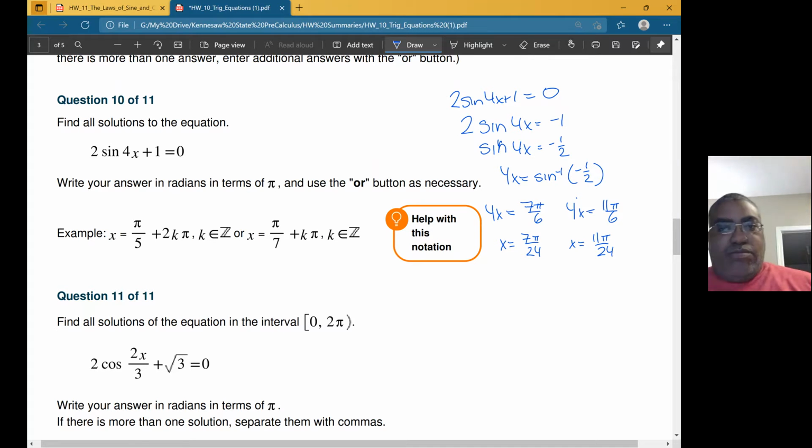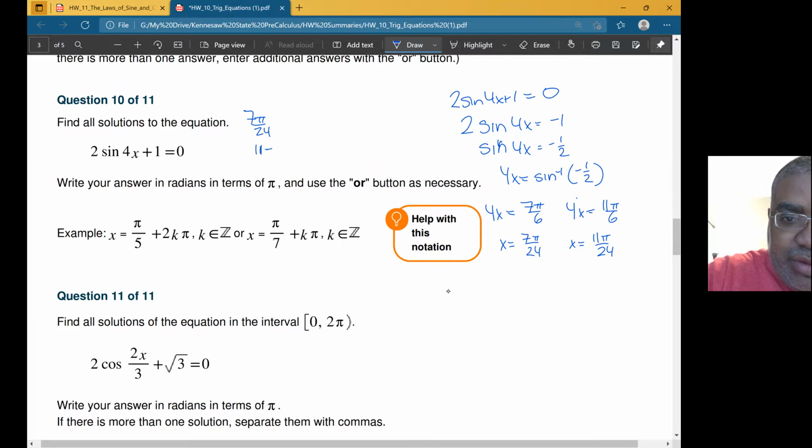Now, they ask for all answers. So if I come back up here, where the answer would be, I have 7 pi over 24 and 11 pi over 24, plus, well, how far is one cycle, or one period? That is 2 pi over b. B is 4, so that is 2 pi over 4, which is pi over 2.